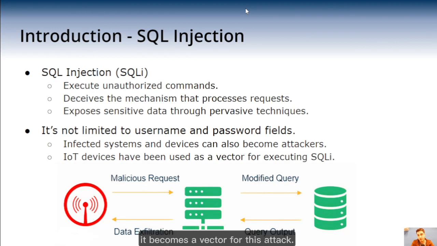In this case, it becomes a vector for this attack. In this way, a solution to detect SQL threats using low computation resources would be interesting considering the constrained requirements of the heterogeneous devices.